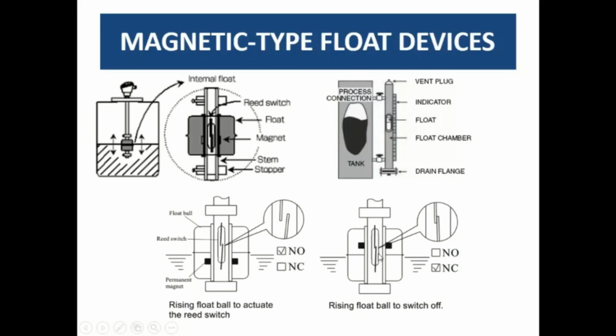Once the level gets lower and this magnet comes near to this, it will close the contact. Once the liquid level gets up to that level, they can be used vice versa. It depends upon whether your stream is getting out of or into the vessel. It's totally dependent on that usage.